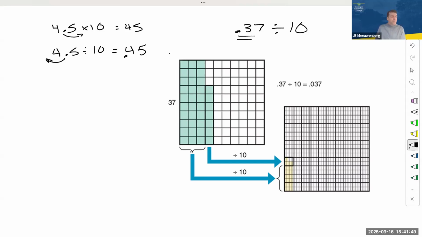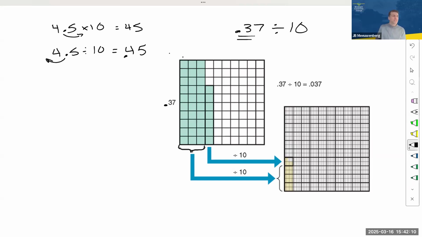If we segment off the first 30 and divide that by 10, we have 30 hundredths, right? This is technically missing its decimal point. We have those first 30 hundredths, and we're dividing them by 10.